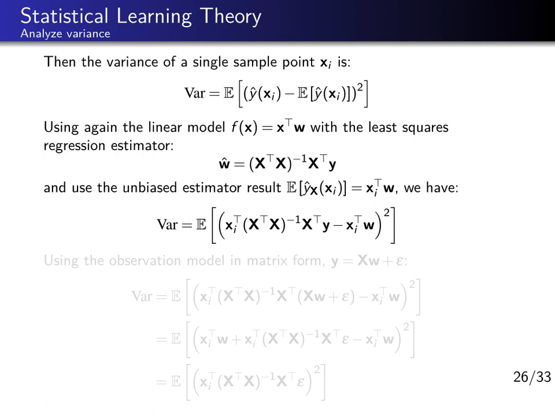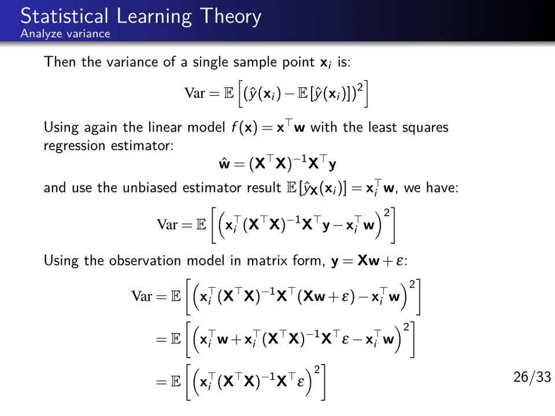And now we additionally use the result from the last slide that our estimator is asymptotically unbiased. So the mean estimated value at point xi is equal to xi transpose w. Inserting this into the variance expression gives the result shown here.